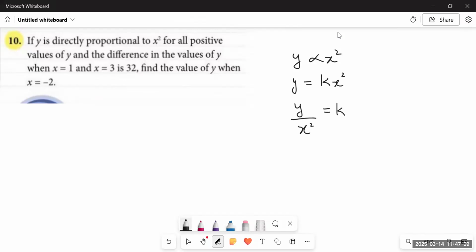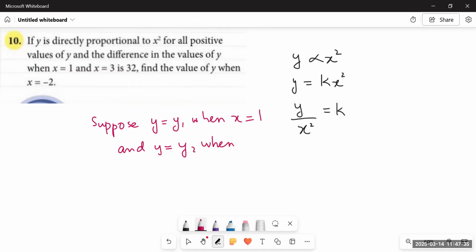So in this case, what we can do, students, we can suppose y is equal to y1 when x is equal to 1 and y is equal to y2 when x is equal to 3. So the equation becomes y2 minus y1 is equal to 32.